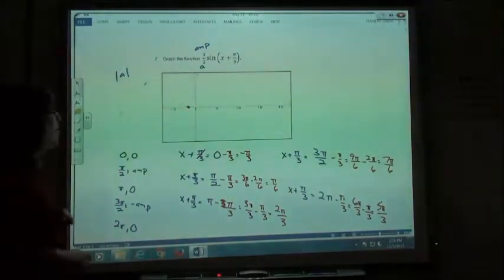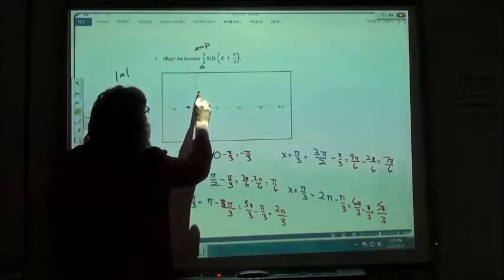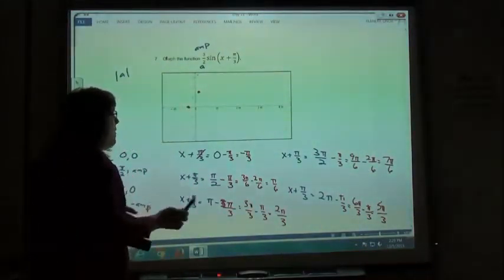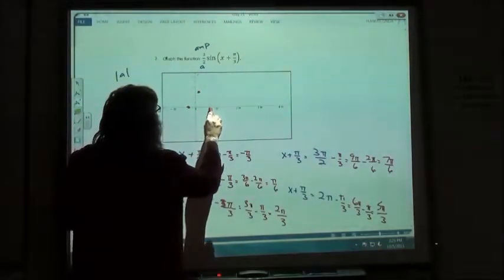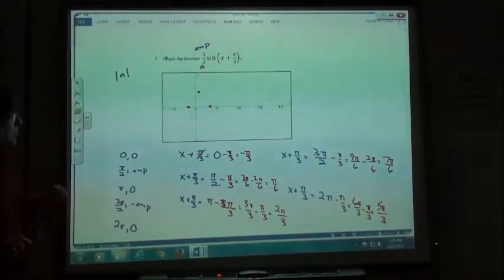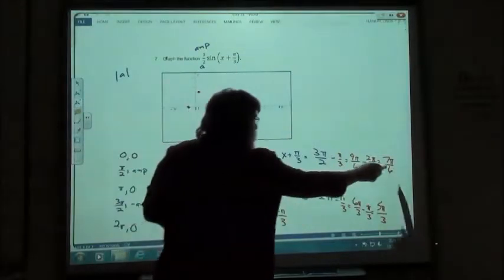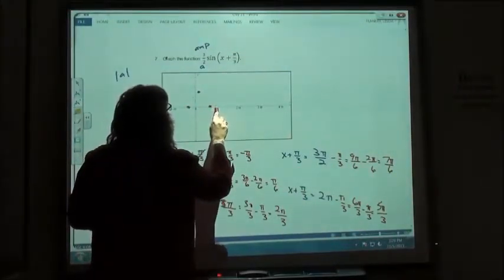Okay, pi over 6 would be 1 mark over. I'm going to be up to my amplitude, which is 3/2, so up to 1.5. 2 pi over 3 would be 4 pi over 6. 1, 2, 3, 4. I'm going to be at 0, 0 in the middle. Now the next one I'm going to go down to my amplitude at 7 pi over 6. 1, 2, 3, 4, 5, 6, 7.